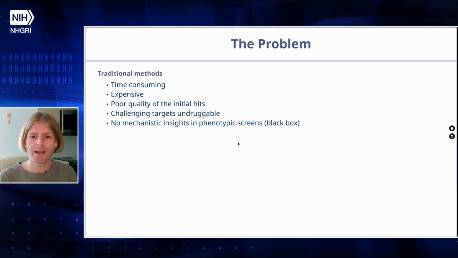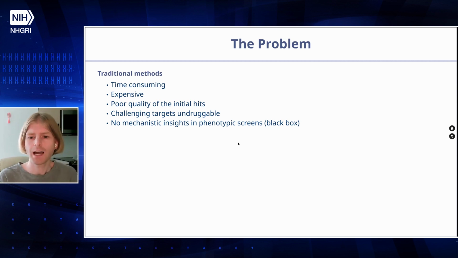So with traditional methods, we are facing several considerable challenges. Traditional methods like high-throughput screening can be quite time-consuming and expensive. The quality of the initial hit compounds can be quite poor in some cases.